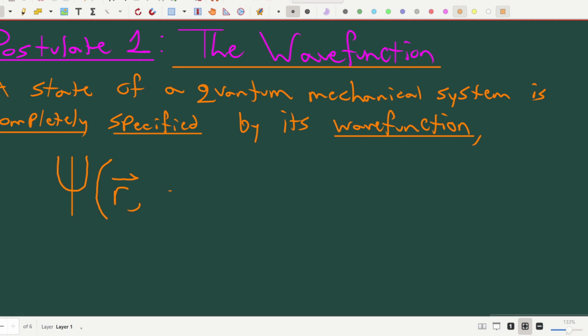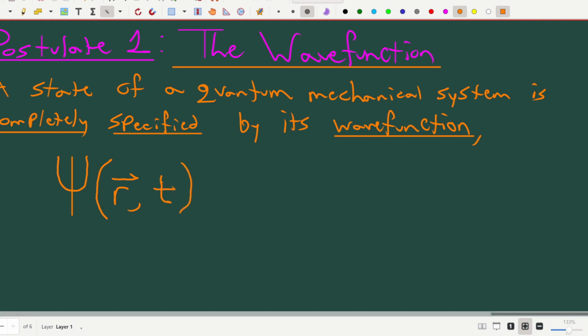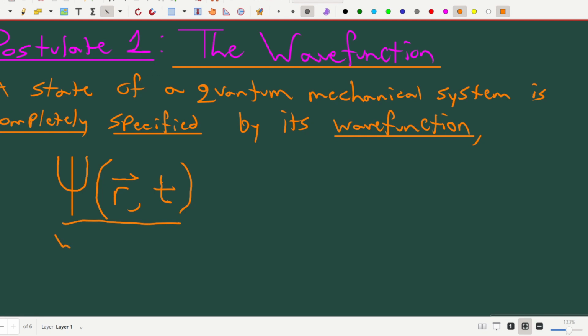Right, because we might want to consider how the particle propagates or what it does in time. So we've got to think about it in time as well. Right, so this is the wave function. Right, and r is an xyz vector.